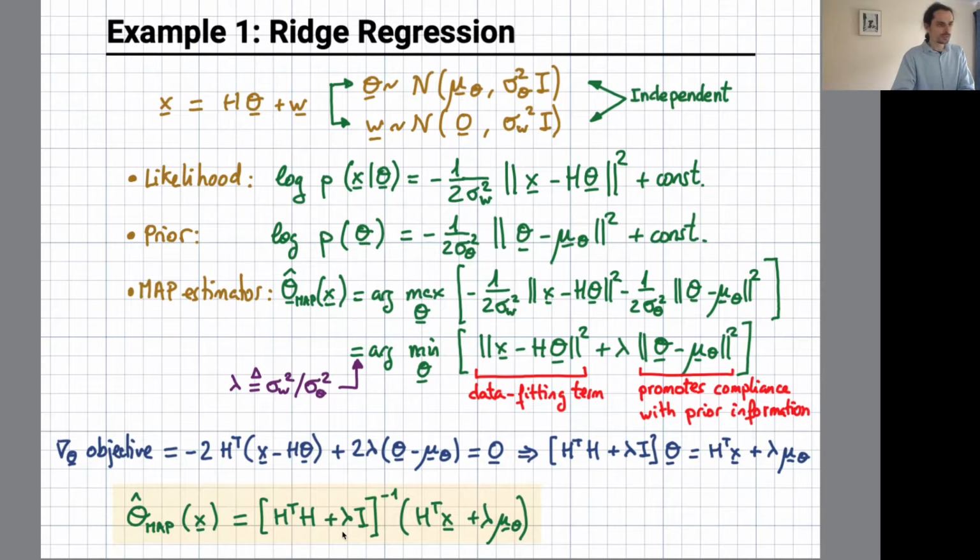And the third observation is of a numerical nature. Even in the case where the columns of H are linearly independent, they may be close to linearly dependent, right?